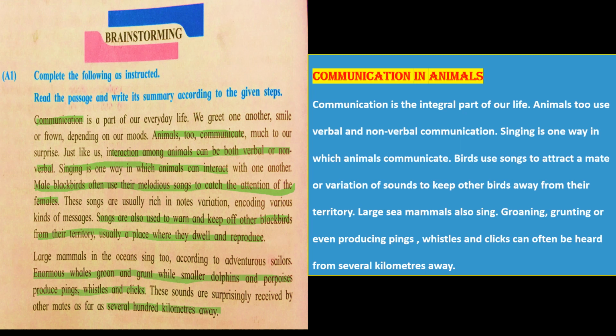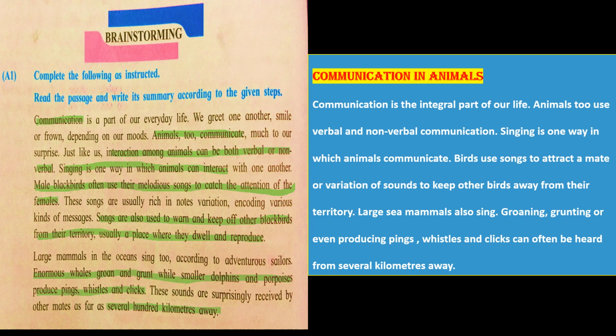We are supposed to construct our own sentences, but we are not supposed to change the ideas. So the ideas, the main points of the passage should be kept as it is, but you can construct the sentences, link them, and form new sentences.